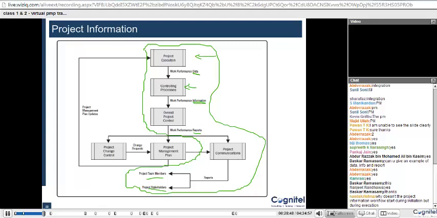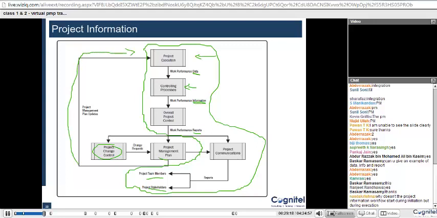What it means is that when you see work performance reports, you would probably analyze and see that maybe there is some change required in the project, which would be taken up by the project change control, and a change request would be raised, and that particular thing would be changed in the project management plan, which would again go for execution.